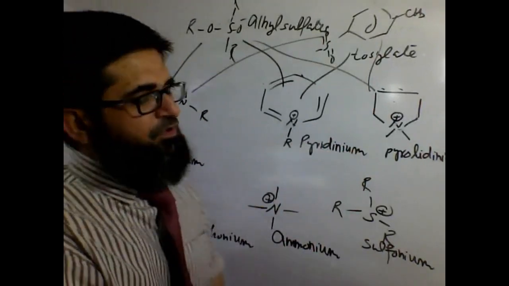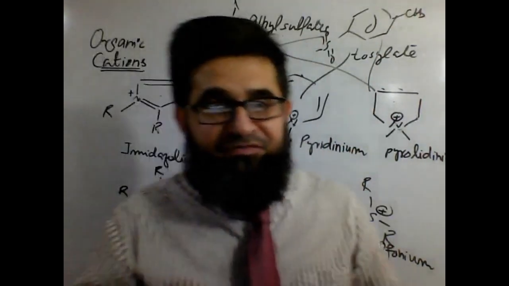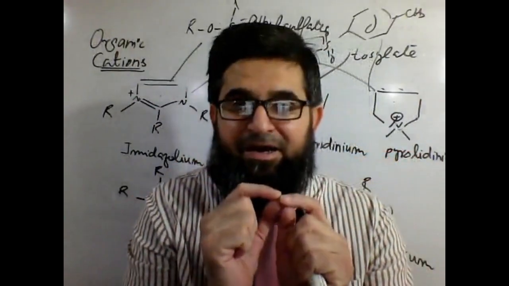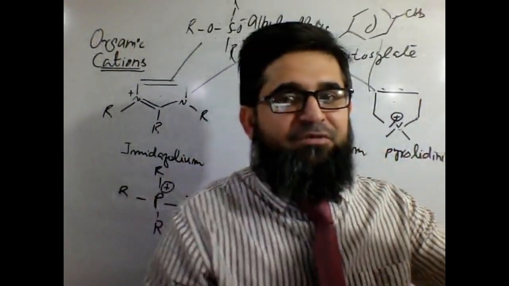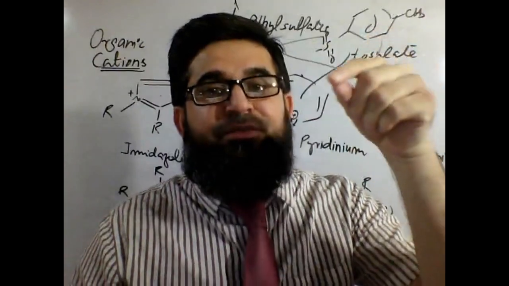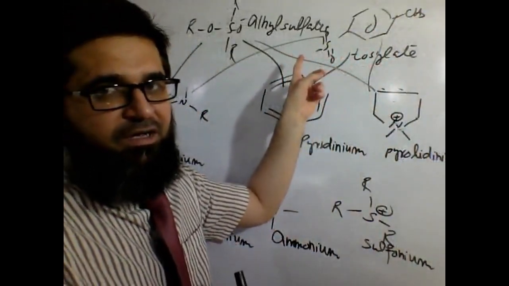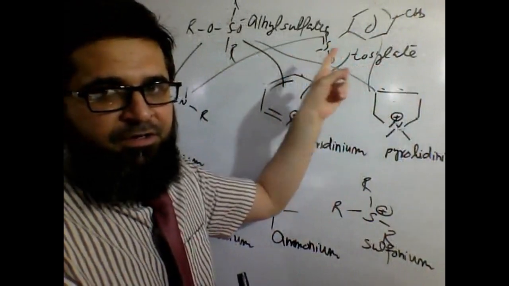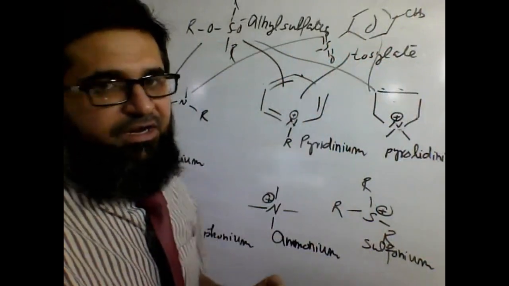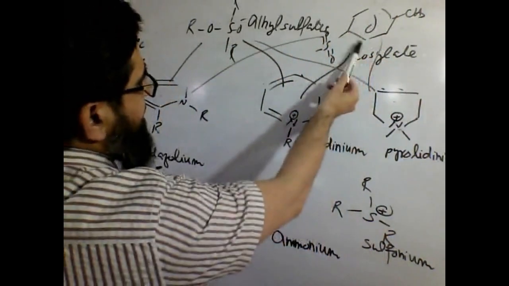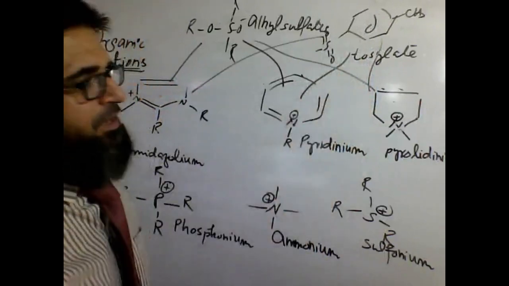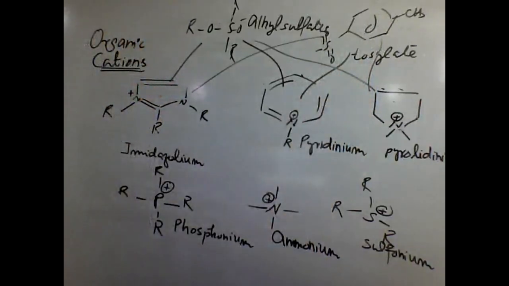Similarly, I've written 4 or 5 different inorganic anions. At the same time, your anion could also be an organic one. I've given you 2 examples, alkyl sulfonates and one can have tosylates, very famous organic compounds.